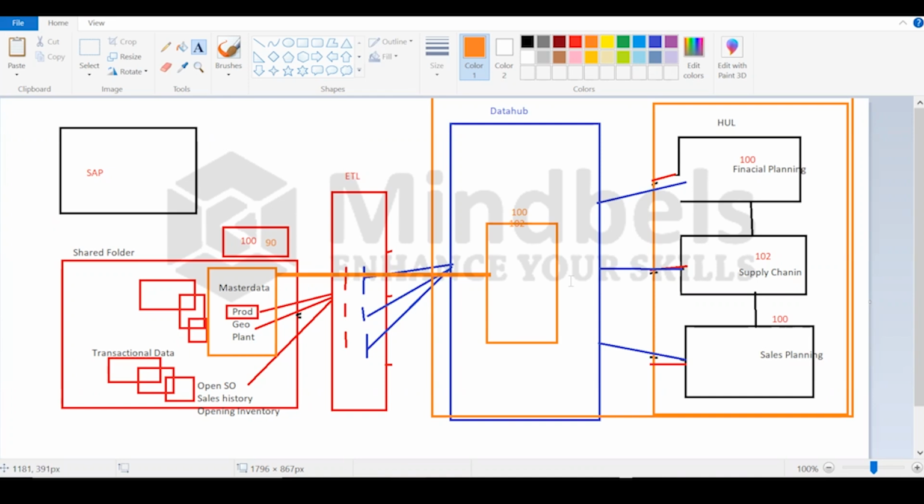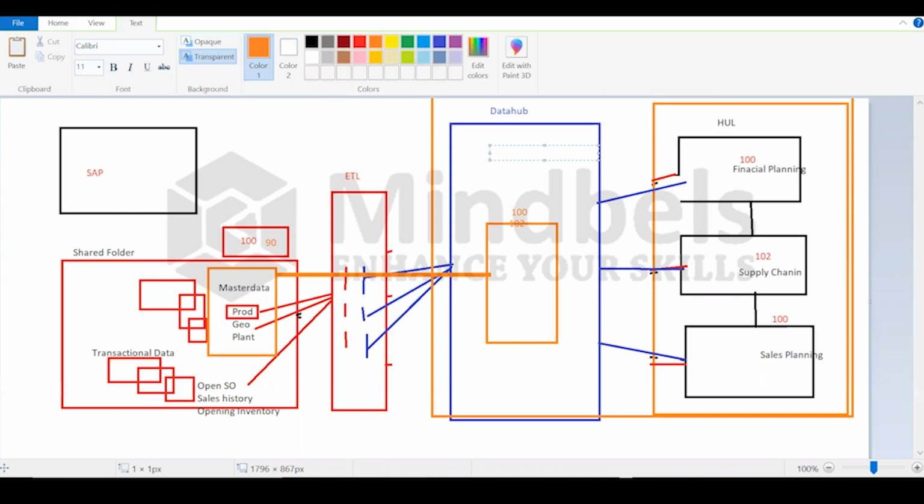Let me ask you one more question. Let's say you are creating this data hub model, but the performance gain of the spoke models is less than the cost. Let me tell you some numbers. For creating this data hub model, your cost would be 100 rupees.